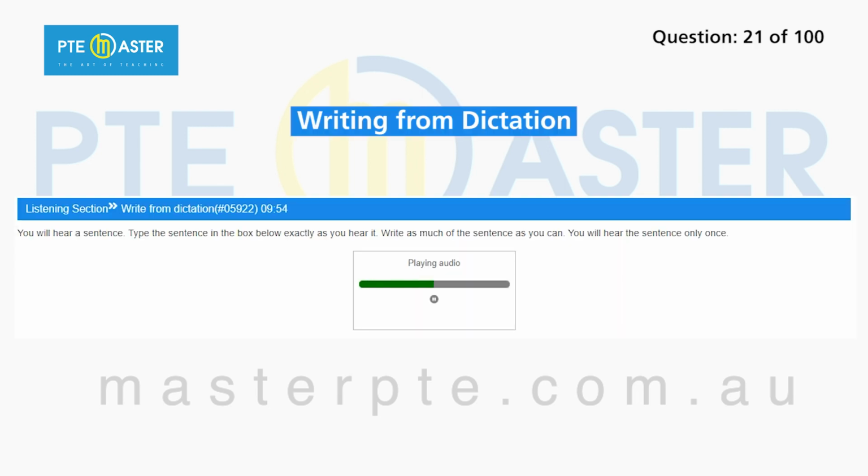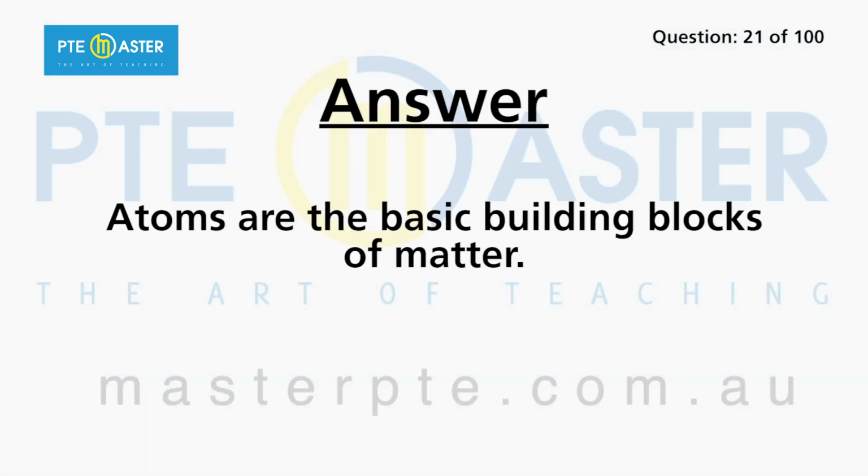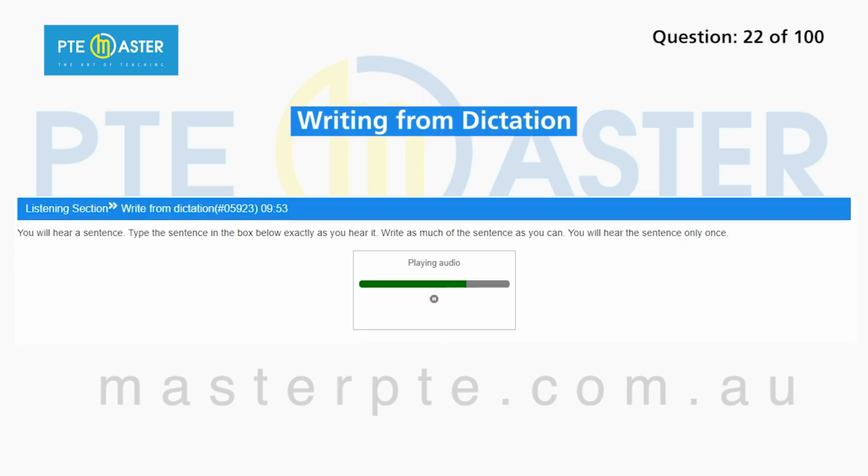Atoms are the basic building blocks of matter. Please read the Chapter 1 of the history textbook.